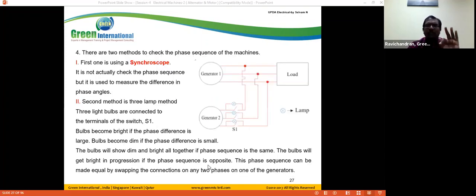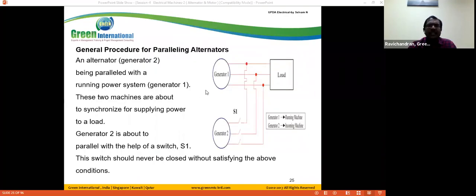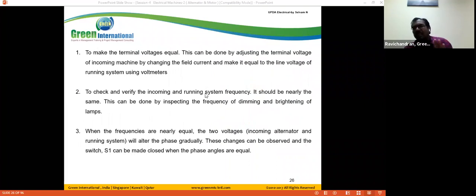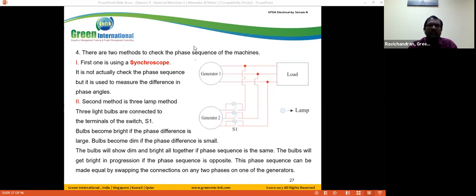Two important things are the voltage and the phase angle. The voltage we check using a voltmeter. For the phase sequence, we use the synchroscope method.